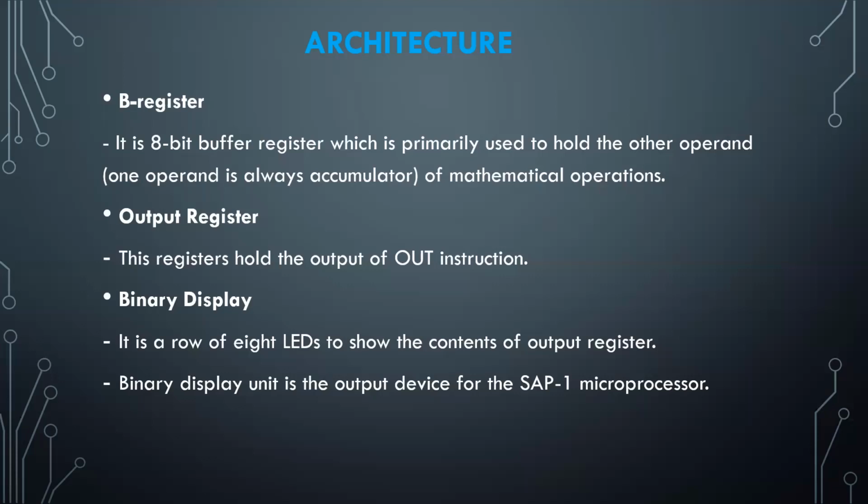Binary display. It is a row of 8 LEDs to show the contents of the output register, and the binary display unit is the output device for the SAP1 microprocessor.